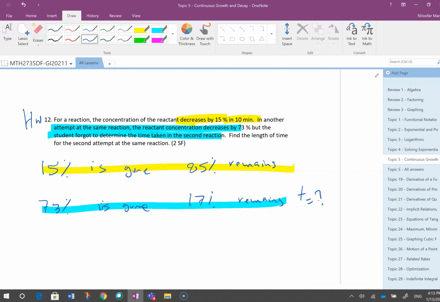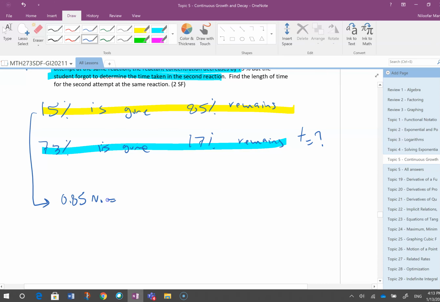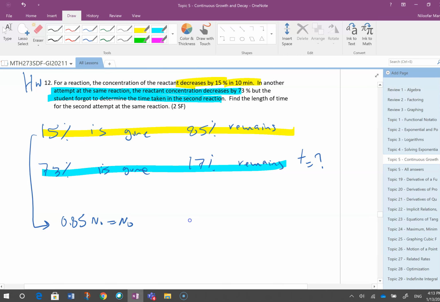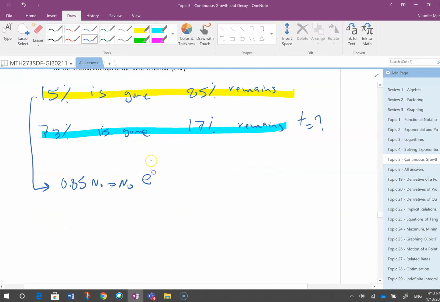So what do you do here? Okay, you use this. So 0.85 N0 equals N0. Do I have anything about half-life? No. So e power minus 10k, and the N0 cancel each other. Find k.